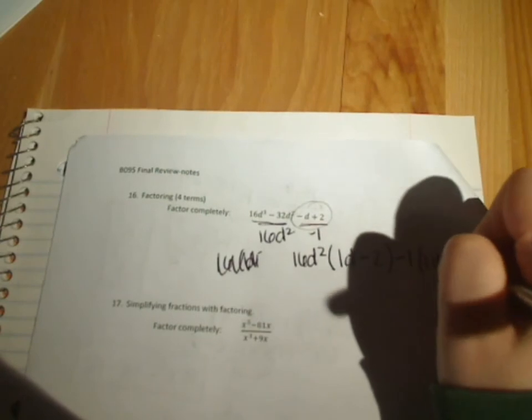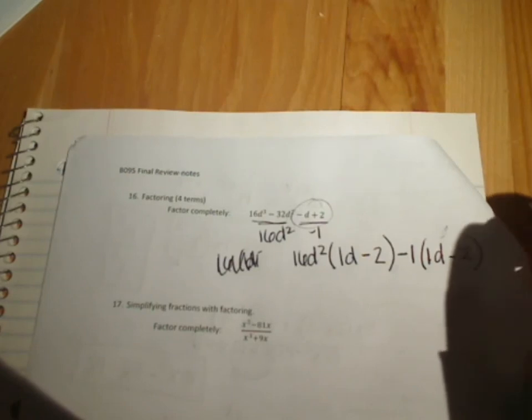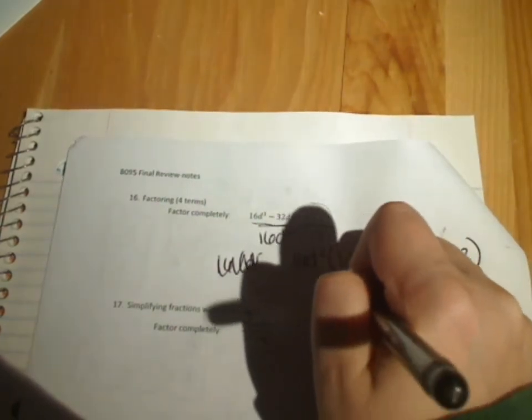Now I want to group these two, and I want the whole parenthesis to look like this. So what actually happens is if I divide out a negative 1, I'm going to flip the signs of everything. So I'm going to have 1d minus 2. So now I'm going to group these terms together, the outside ones, 16d to the second minus 1, and I have 1d minus 2.